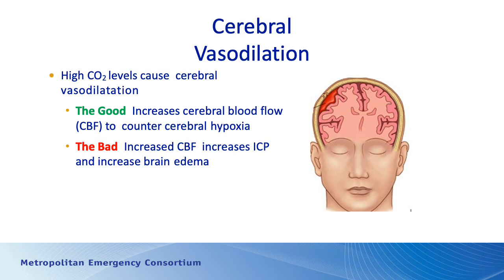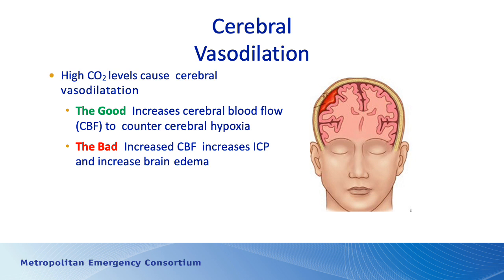So if you look at what happens with carbon dioxide in the brain, if the CO2 level goes up, it causes cerebral vasodilatation. So the blood vessels within the skull dilate. And the good part about this is it increases cerebral blood flow to counter any hypoxia that may have occurred.